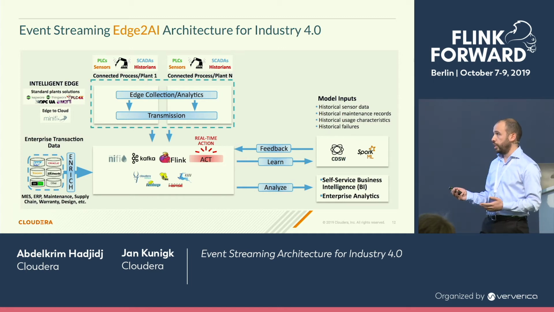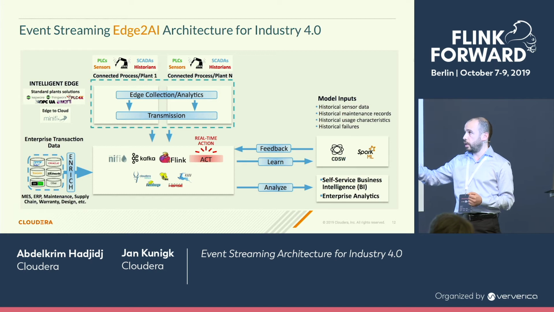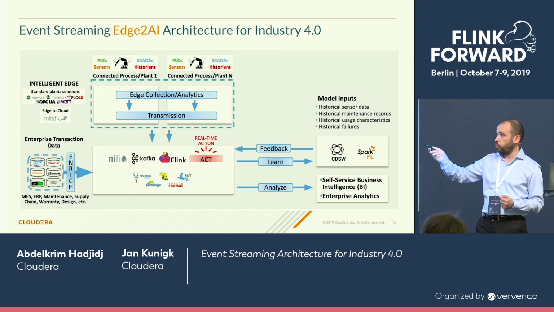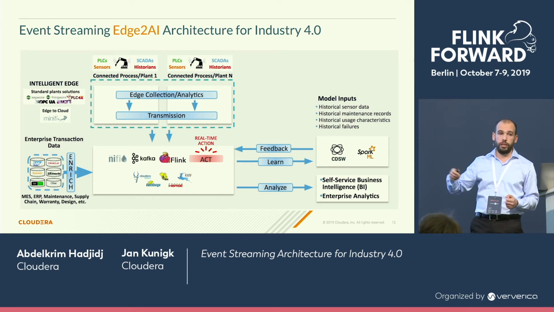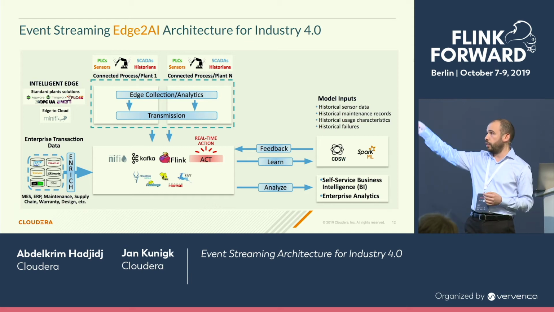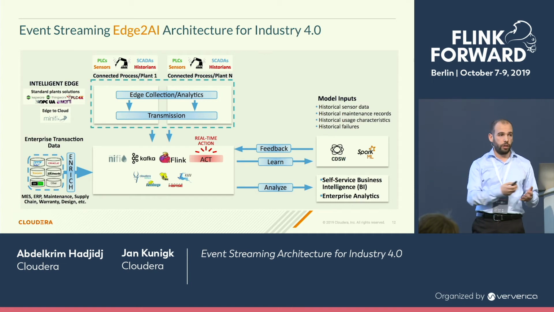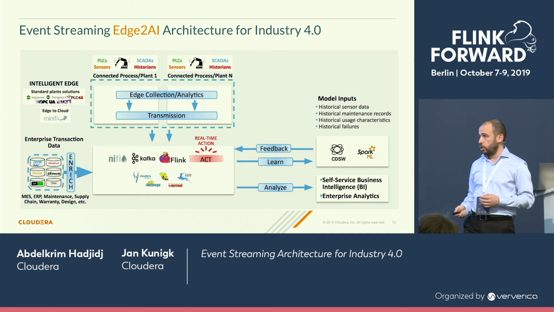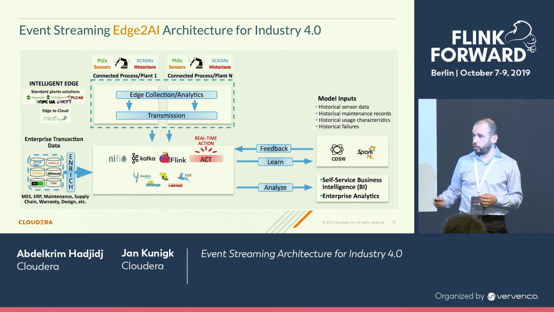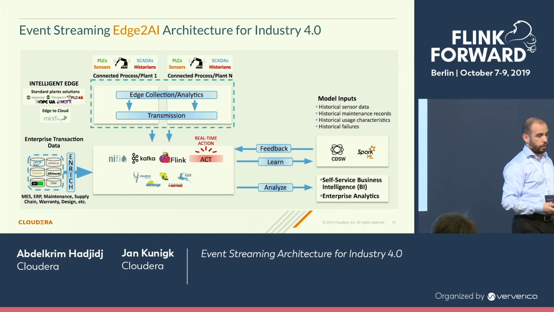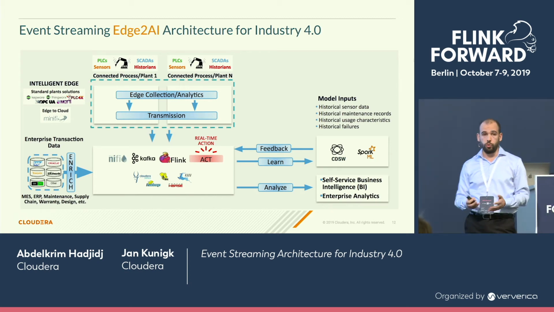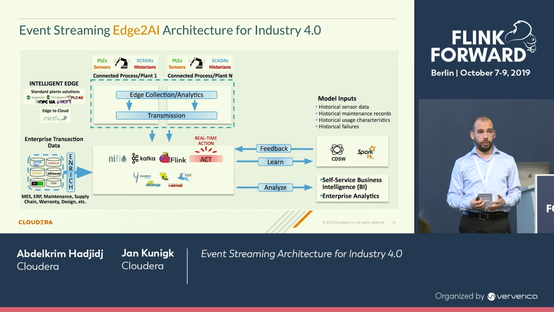So what we usually do is work at the gateway level, where MinIFI will collect the data that is connected by these different solutions and then send it into our data center to NiFi. NiFi will receive the data and store it in Kafka. We'll also do the enrichment with the different maintenance and ERP data, which gives the context of what's happening inside my production.